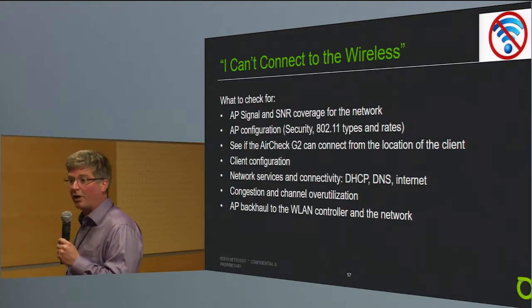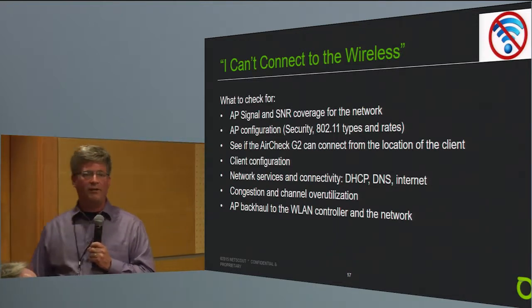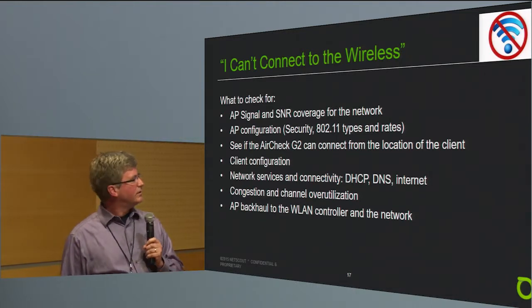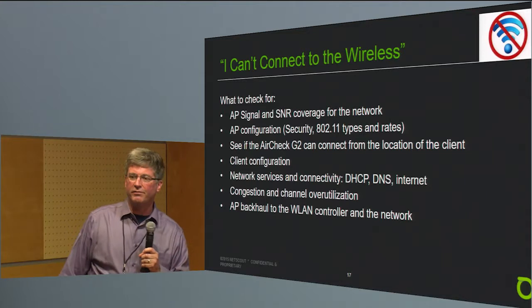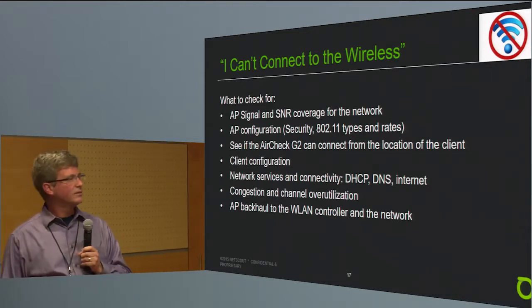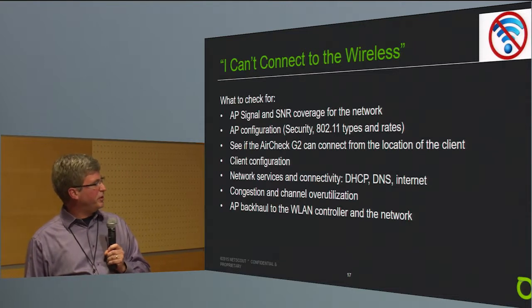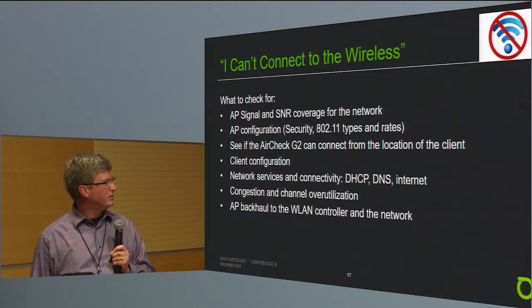Another common issue or common complaint is I can't connect to the wireless. So some of the first things to check is the AP signal and SNR coverage for that network. The configuration. Is the security set correctly on the access points?